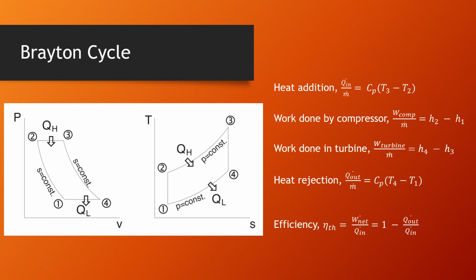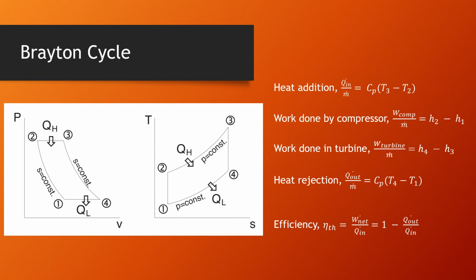Similar to the Rankine cycle, we're also interested in finding out the efficiency of the Brayton cycle. Similarly, we need to know the individual work done or energy output of each of the components.